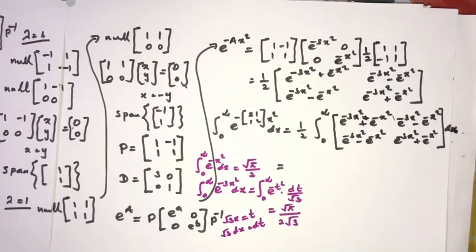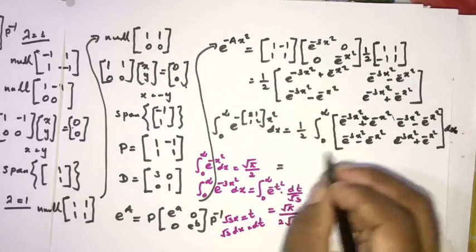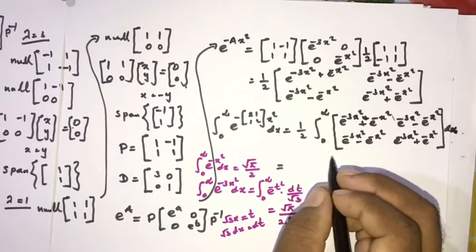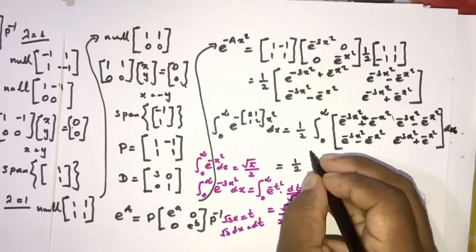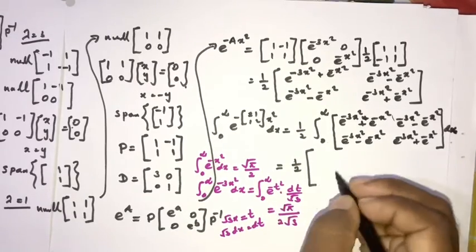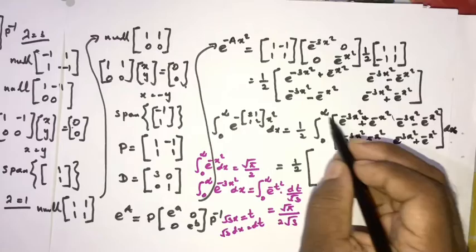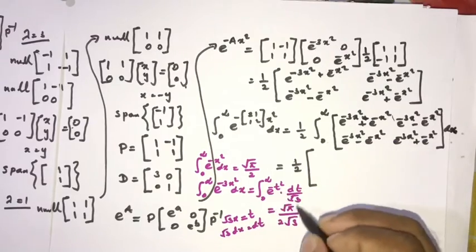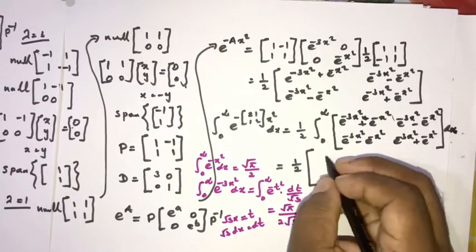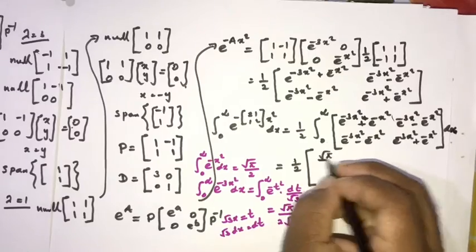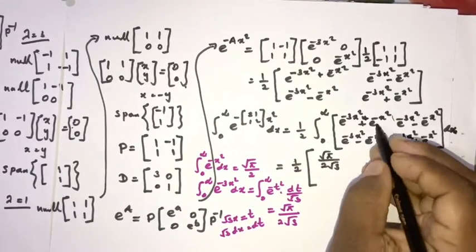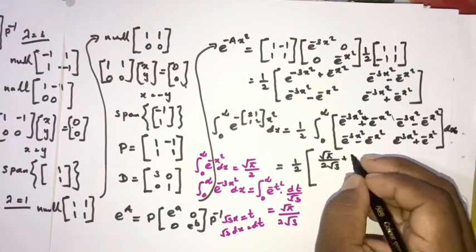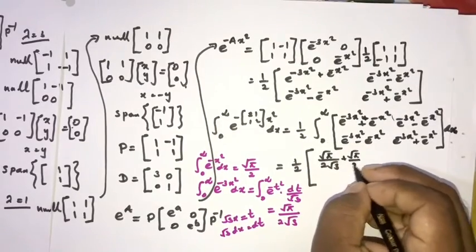Okay, then we can write our integral as 1/2 times the matrix. The integral of e to the minus 3x squared, we know, is square root of pi over 2 times square root of 3. Then the integral of e to the minus x squared is square root of pi over 2.